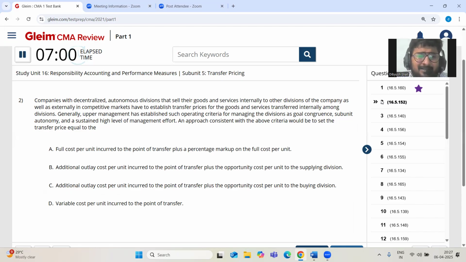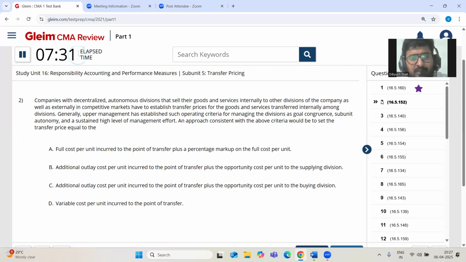They are telling in the first three lines that companies where a lot of autonomous divisions are operating, who are also selling the goods to outside customers and also selling the goods to internal departments, have to decide the price for internal transfer because for outside transfers, the price is already fixed. That is market price.